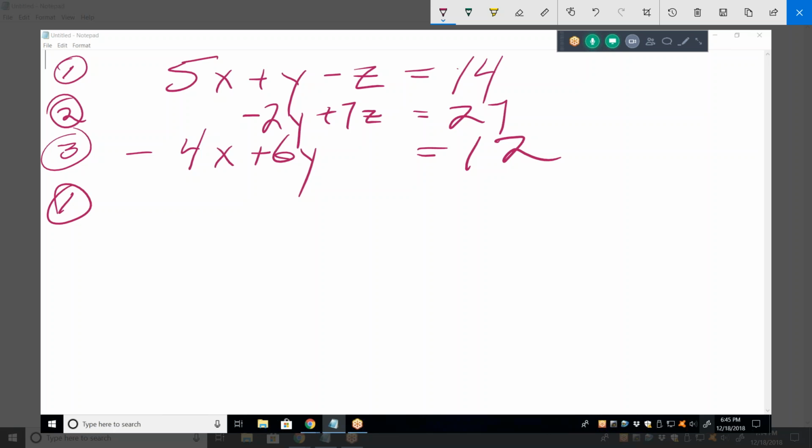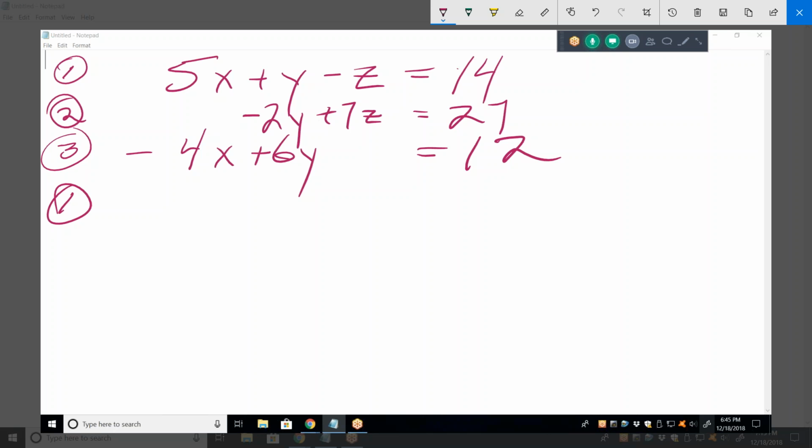Which 2 equations are we going to use? No, we're going to use elimination. You're going to eliminate z. Which two equations are you going to use to eliminate z? 1 and 2, 1 and 3, or 2 and 3?